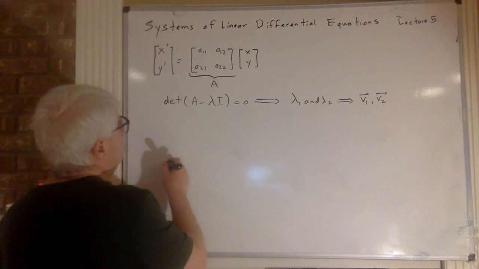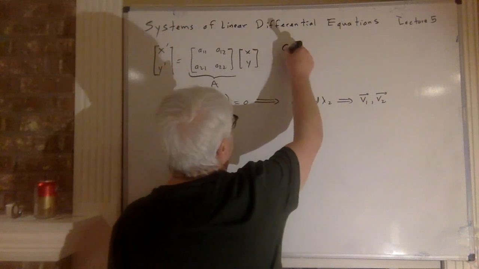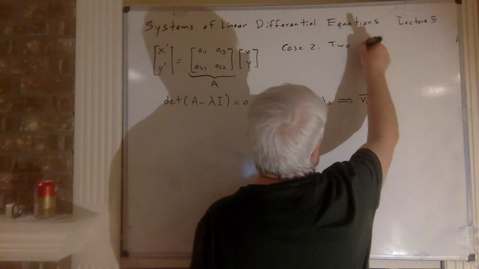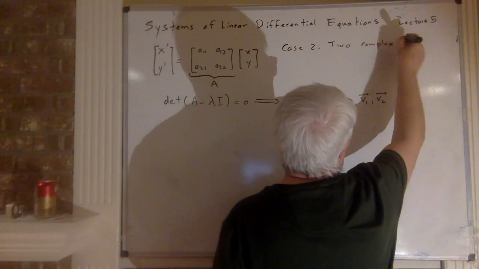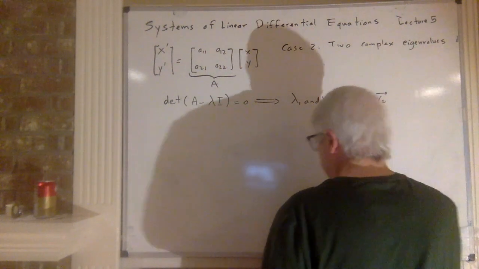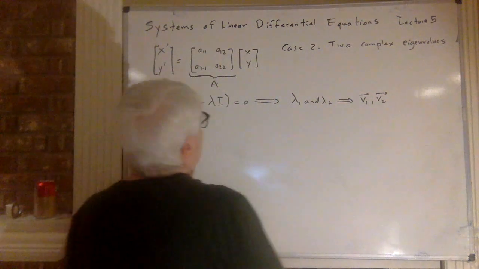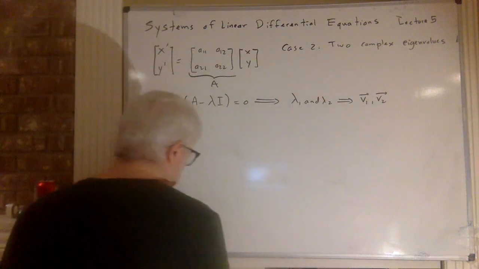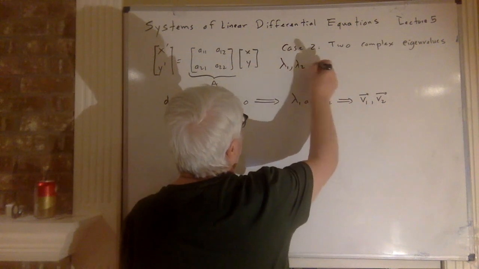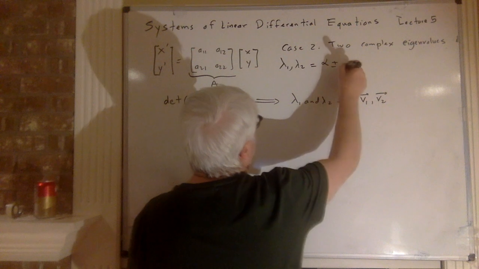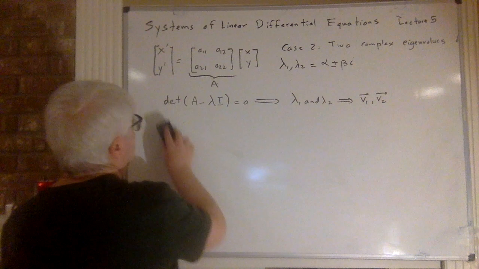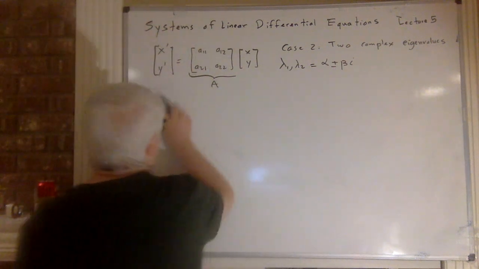So case 2 will be complex eigenvalues. So lambda 1 and lambda 2 will be like this: alpha plus minus beta i.